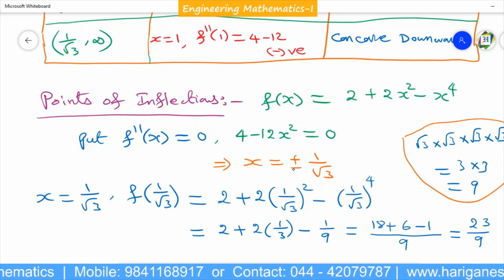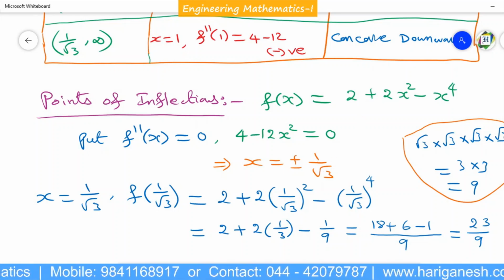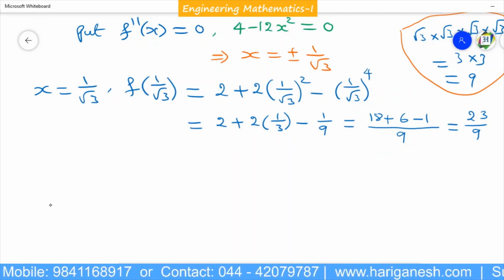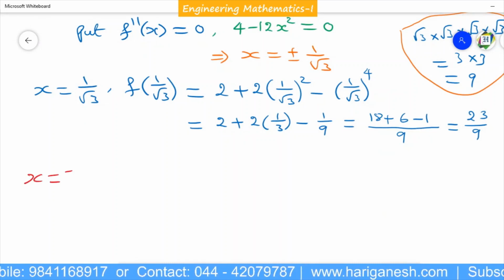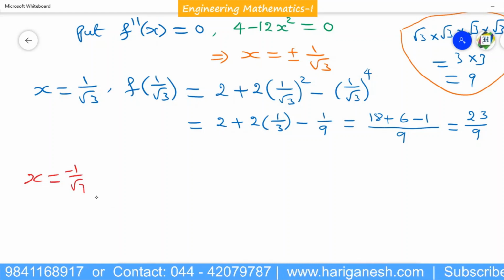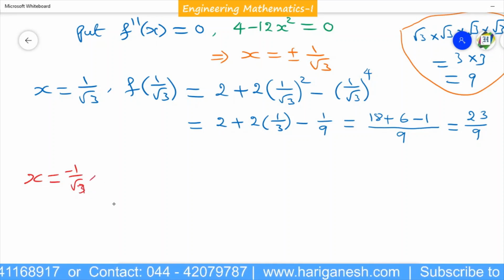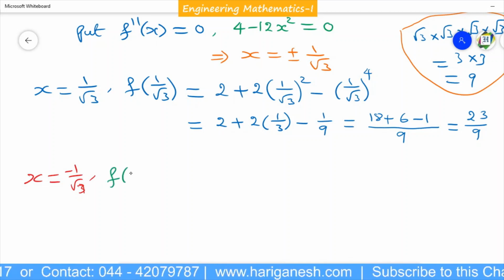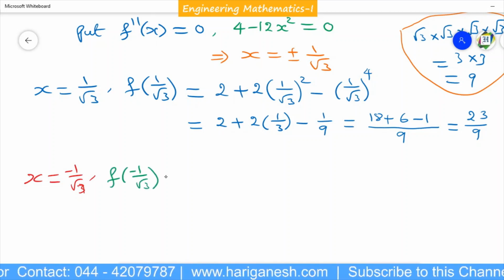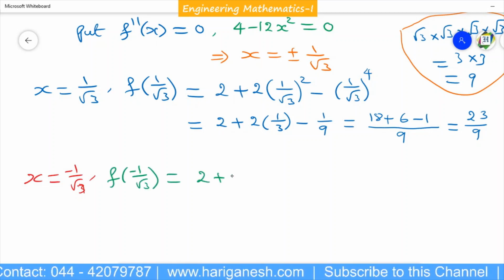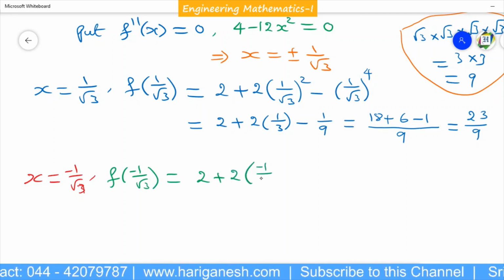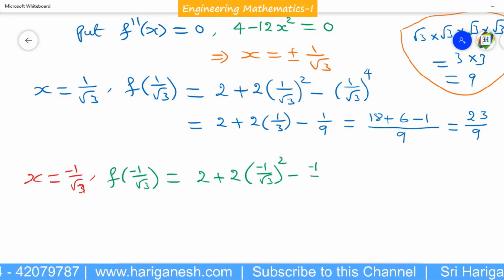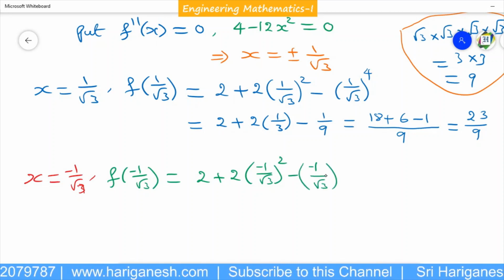So next I want to put minus 1 by root 3 here. For the next point of inflection, put x is equal to minus 1 by root 3. So f of minus 1 by root 3 is equal to 2 plus 2 into minus 1 by root 3 the whole square minus 1 by root 3 the whole power 4.